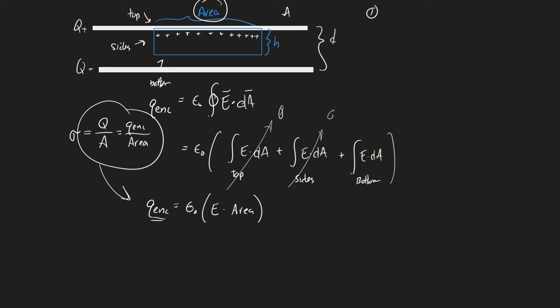So continuing on, I get area over A times Q equals epsilon naught E times area. I've been writing out the word area to differentiate the area of the plate versus the area of the Gaussian surface, just to make it easy to see which is which, but also to recognize that it cancels out.